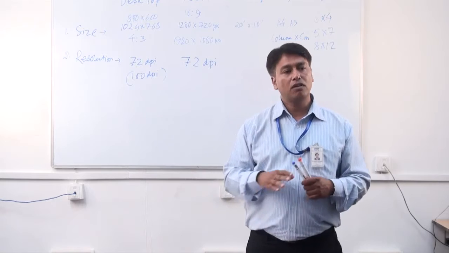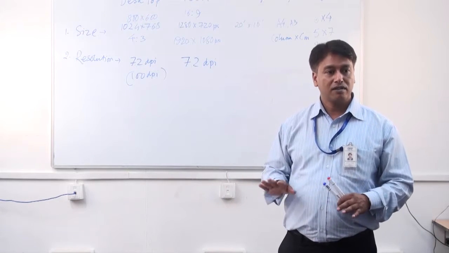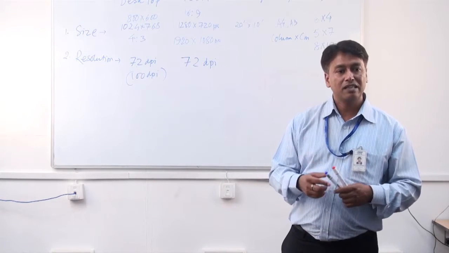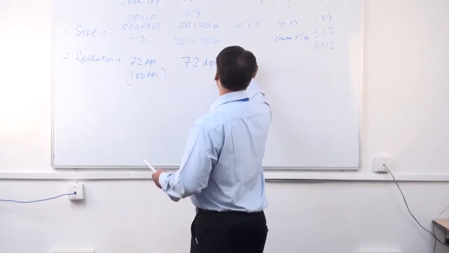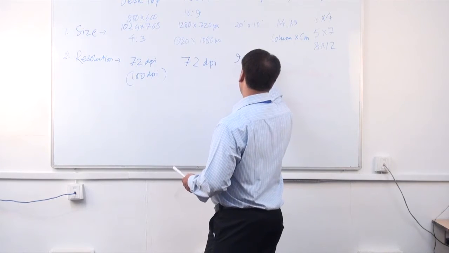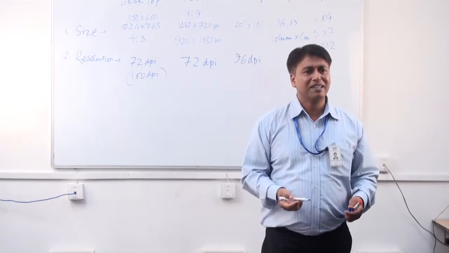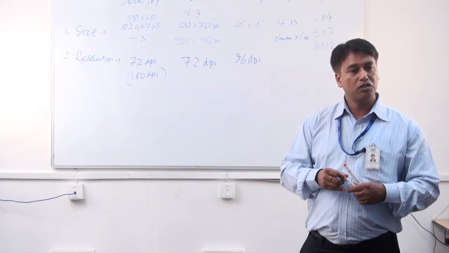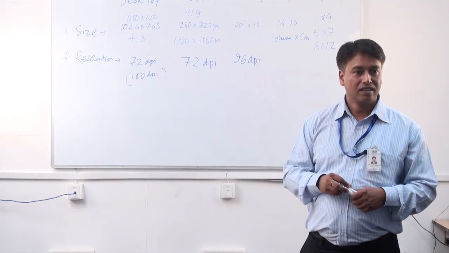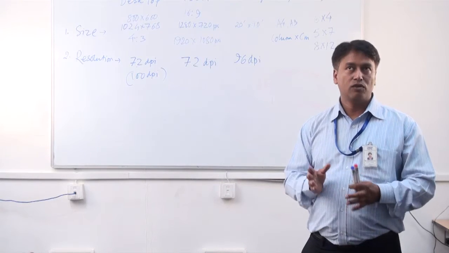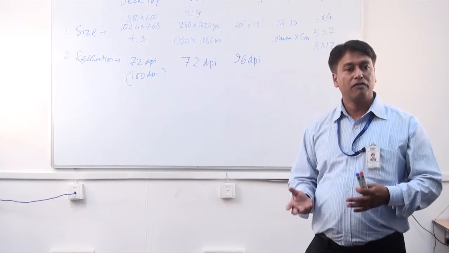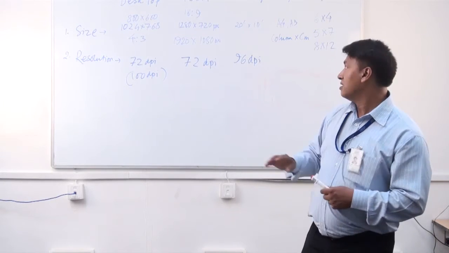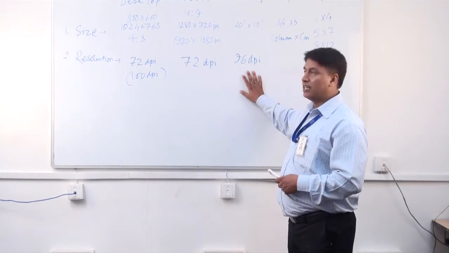Normally all the hoarding printers in our city print at 96 dpi, not more than that. The reason is that the hoarding is placed far away from the viewers, so it does not require high resolution. So for hoardings it is 96 dpi.